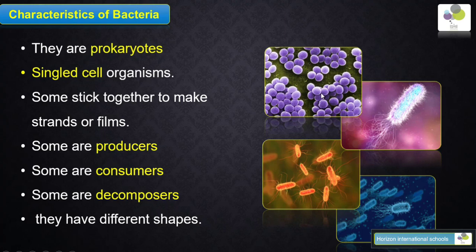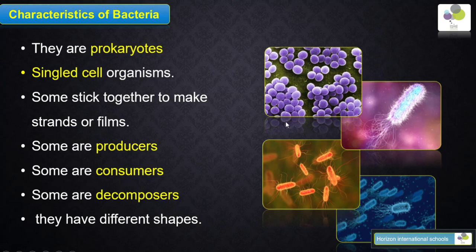Each individual can function independently. Some of them are producers, which means they take the energy from sunlight and can make their own food. Some of them are consumers, which take the nutrients from other organisms. And most of them, guys, are decomposers, which decompose or break down dead organisms.